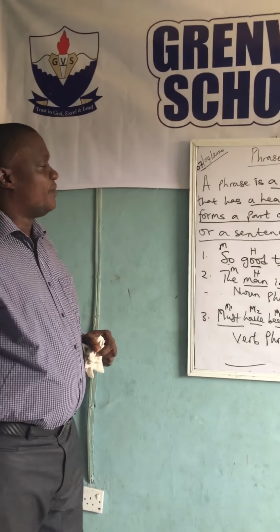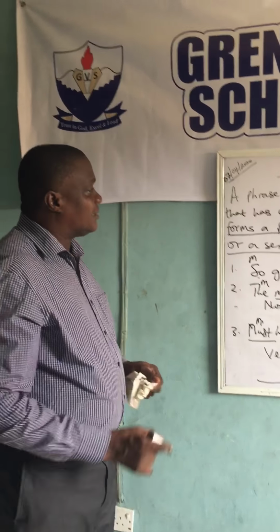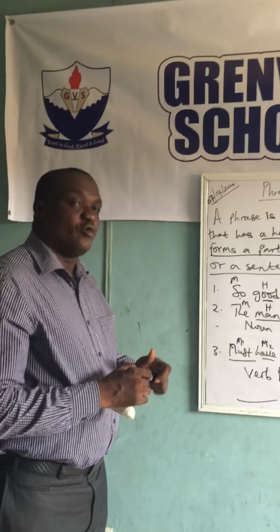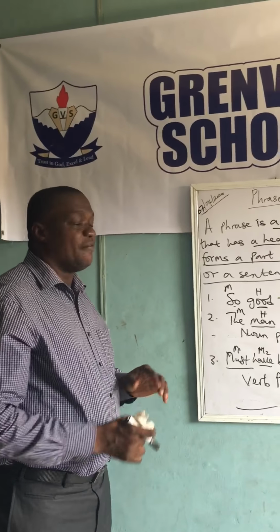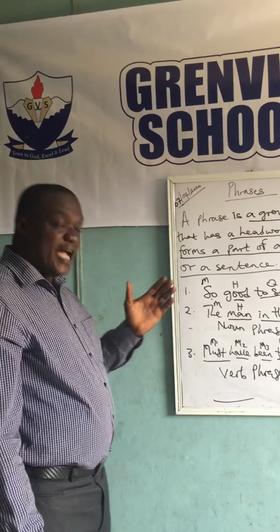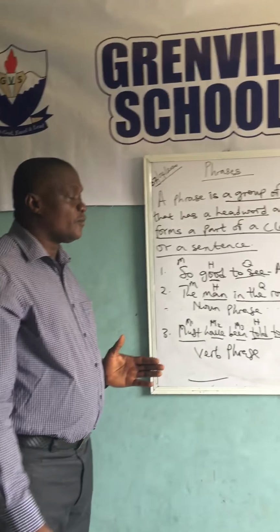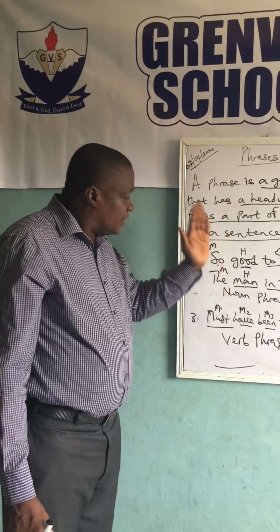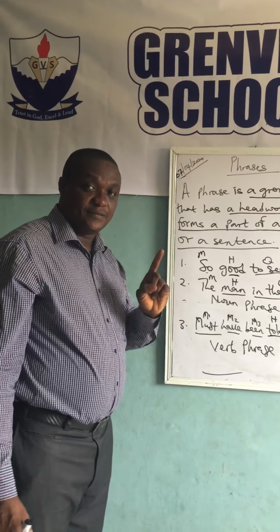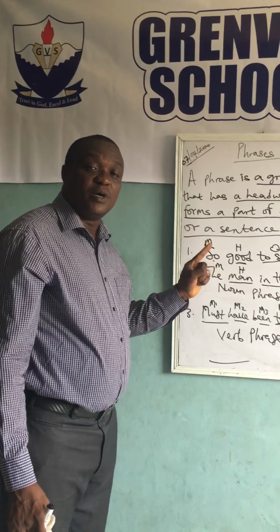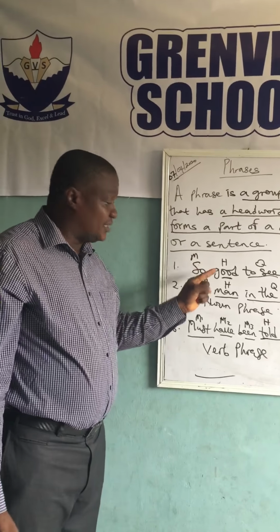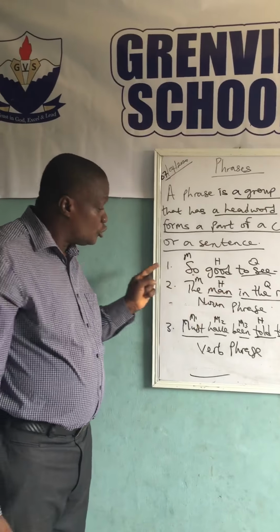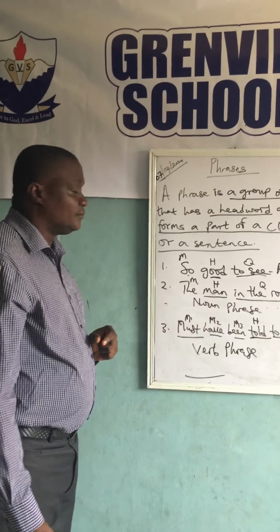You will agree with me, children, that it is very easy to identify a phrase or the type of phrase in English. All you need to do is to identify the headword first. Once you identify the headword, then use the category which the headword belongs to name the phrase.